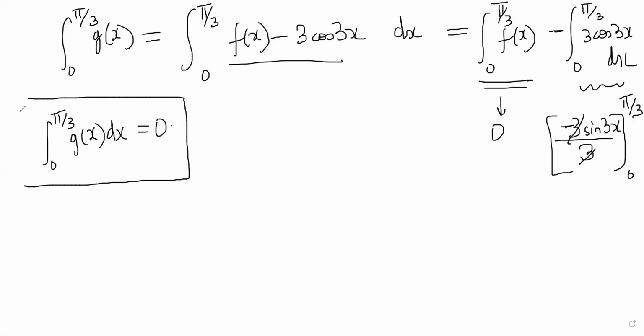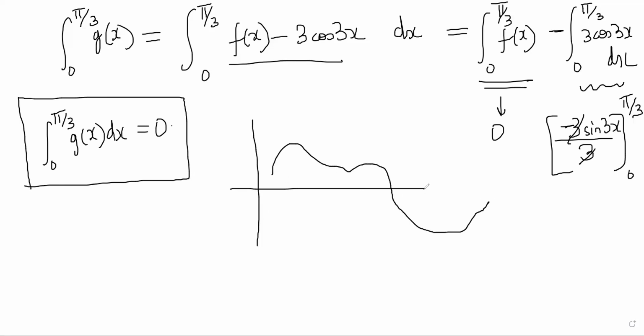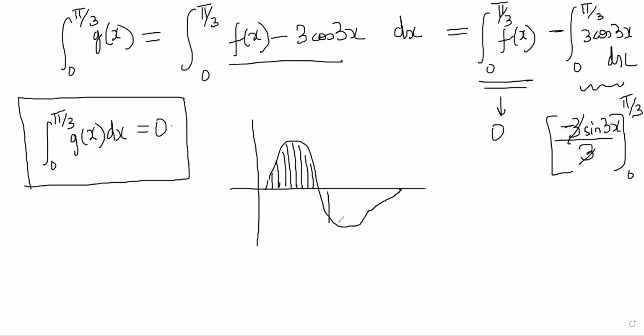Now what does this mean? Think about it. This means that the area under the function g of x from 0 to pi by 3 was somehow equal to 0, right? And area will be equal to 0 only if the top part, the positive area, is being cancelled by the negative area, right? Area cannot be 0 if the function was above the x-axis all the time, because then it would be only positive area.